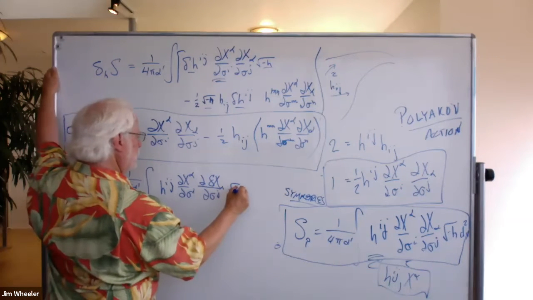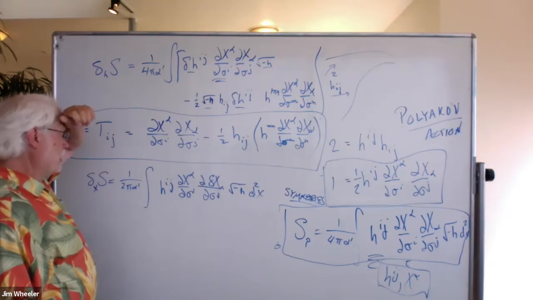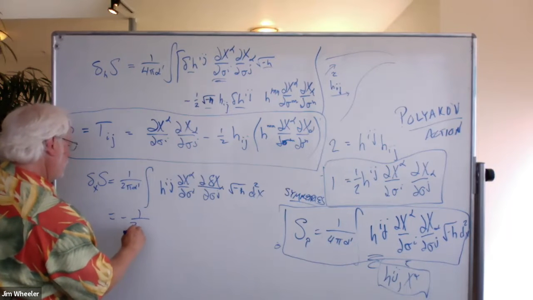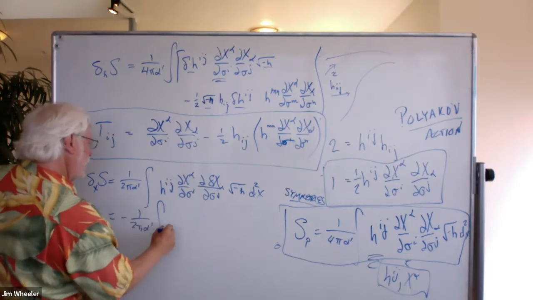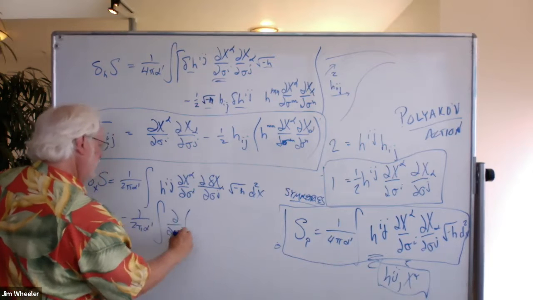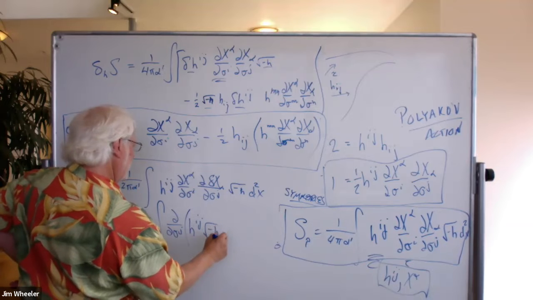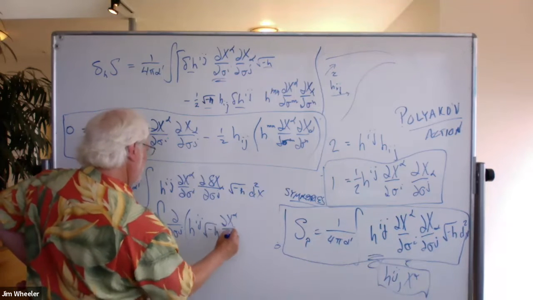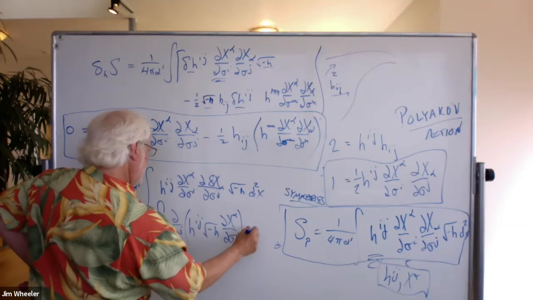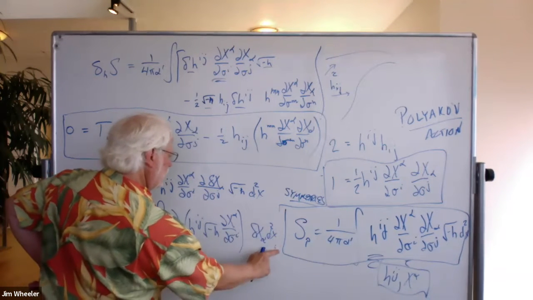And then we still have the root h out here, integrated over sigma and tau. So we integrate by parts: alpha prime d sigma^j of h^ij root minus h dx^alpha d sigma^i times delta x^alpha.